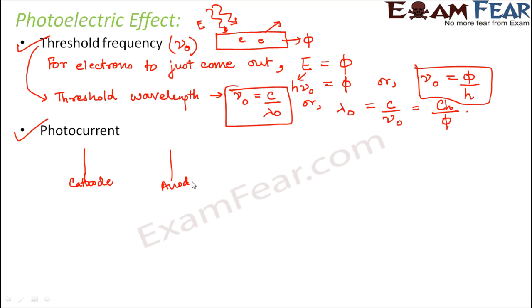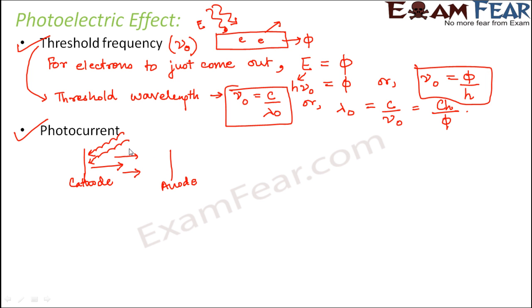So this is a very rough diagram, and what is observed is that when light of some certain frequency is incident on the cathode, such that it can overcome the work function of the metal, the electrons will be emitted and they would start moving towards the anode. So the electrons basically start getting deposited, or they start nearing the anode. That's how it happens, and the flow of these electrons constitutes the photocurrent.